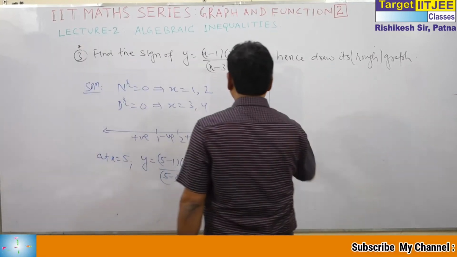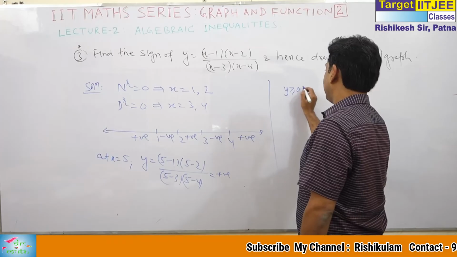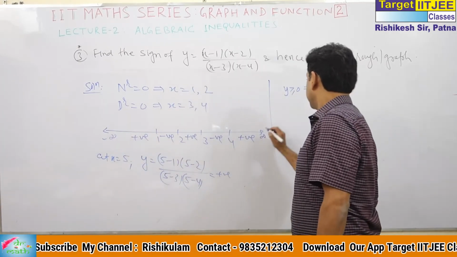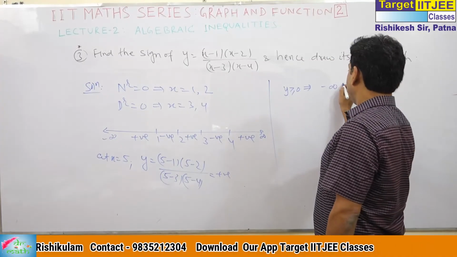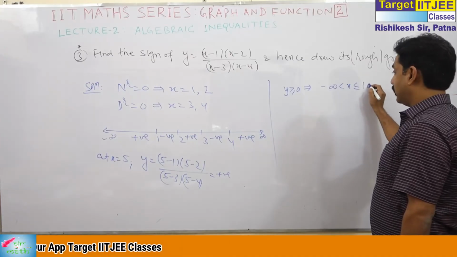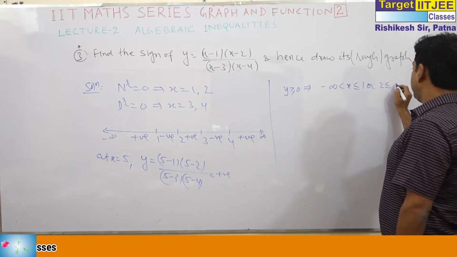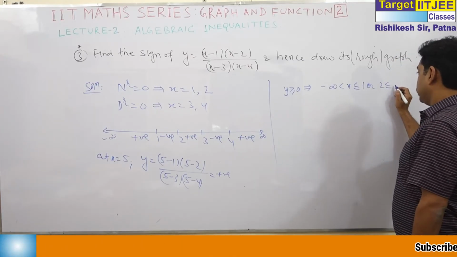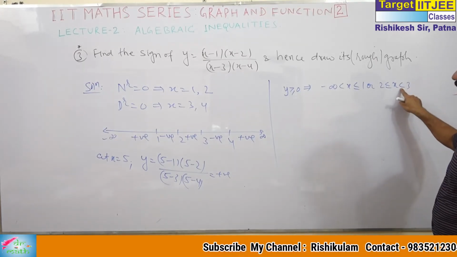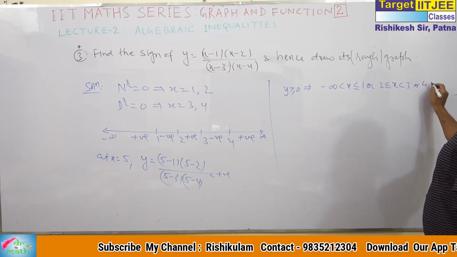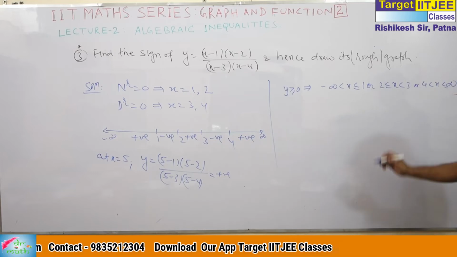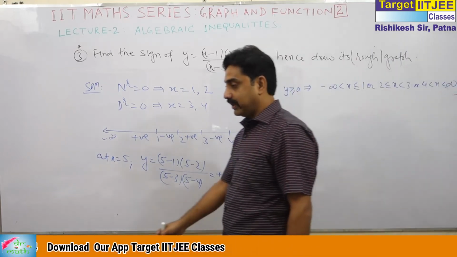If we have to write y greater than or equal to 0, we write only the positive parts: minus infinity to 1, or 2 to 3, but do not put the sign of equality at 3, or 4 to infinity. Be careful about the denominator.